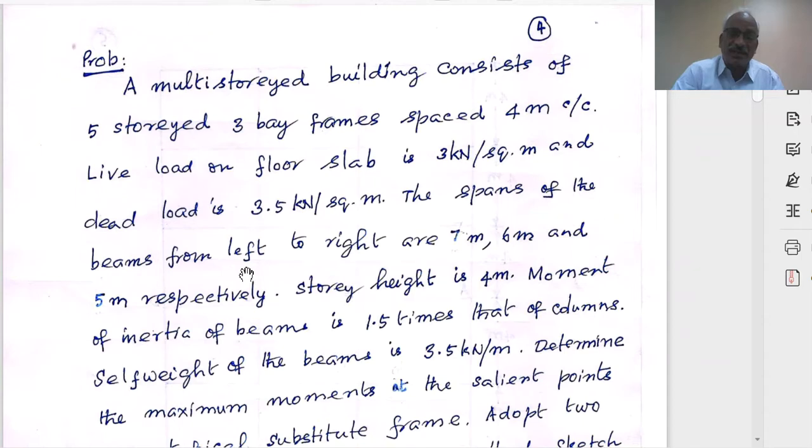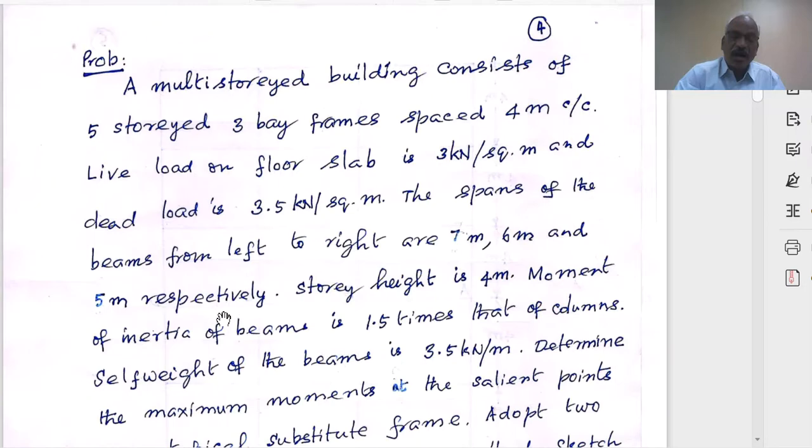Now, the spans of the beam from left to right: there are 3 bays. First bay 7 meters, second bay 6 meters, third bay 5 meters. So 7, 6, 5, and the total width will be 13 plus 5, 18 meters.